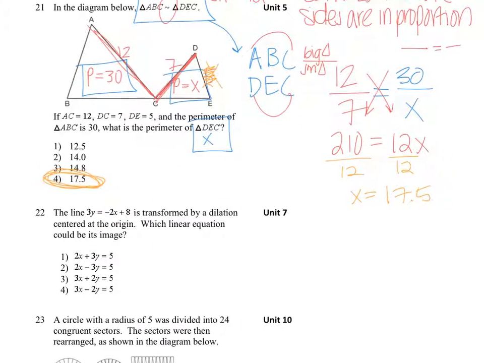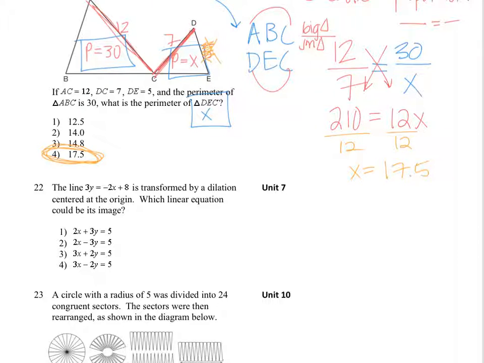Okay, so 22 says the line 3y equals negative 2x plus 8 is transformed by a dilation centered at the origin. Which linear equation could be its image? A couple things to know about dilations of lines is that they have the same slope, but a new y-intercept.